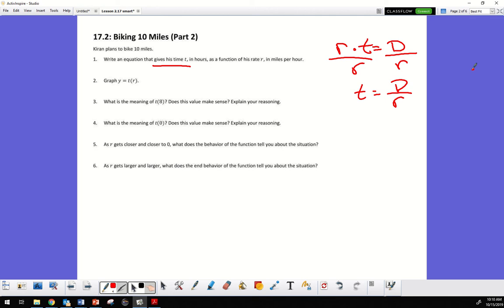Okay, so now my distance is 10, and it says graph this, so it would be t in terms of r, so my variable r is going to be distance, which is 10, divided by r. Now we're going to go to our handy dandy calculators to graph these.